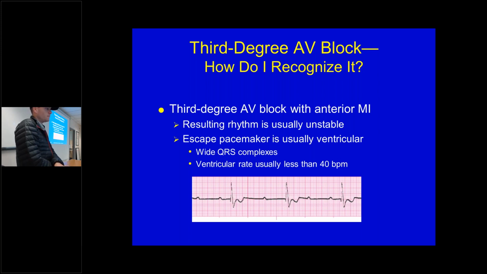I thought with third degree blocks, you don't have any QRS. Sure, you still have QRS complexes. They're just not associated with the P waves. They're independent because the ventricular automaticity takes over, right? If it's blocked, then the next level lower takes over. And that's why it's so slow.